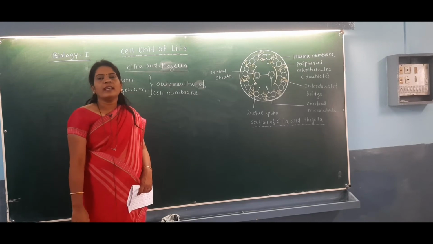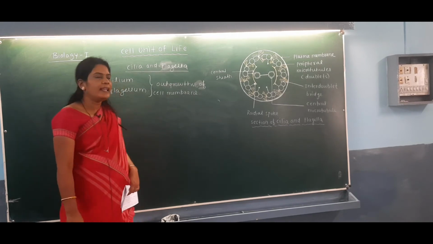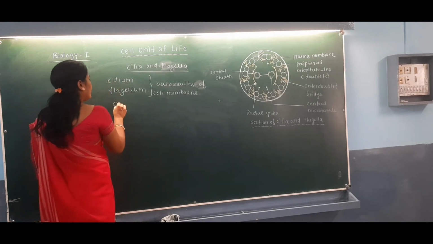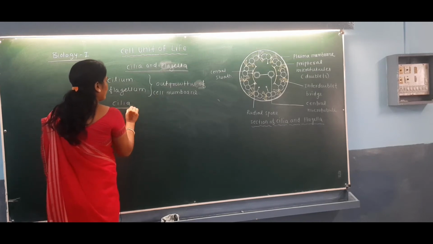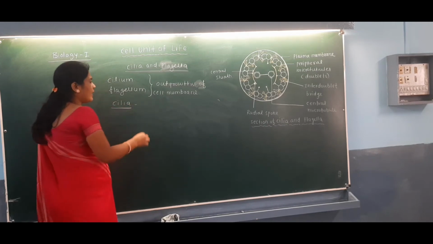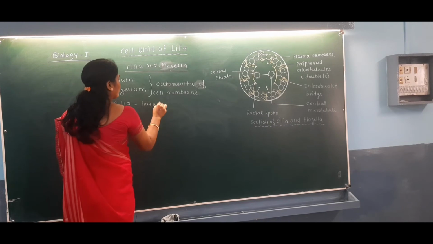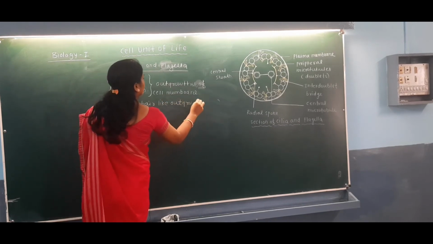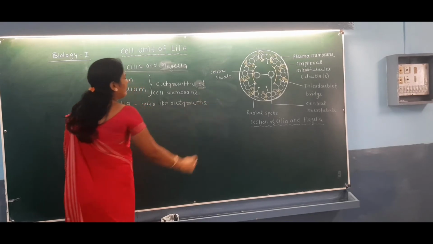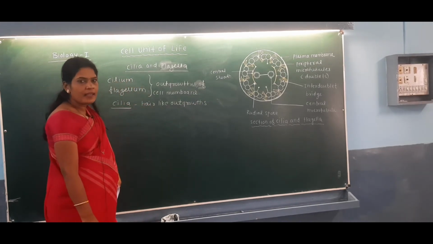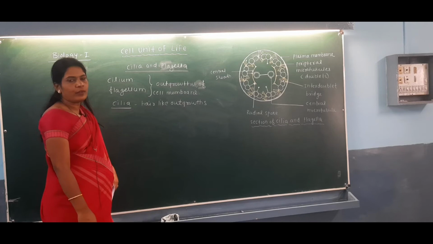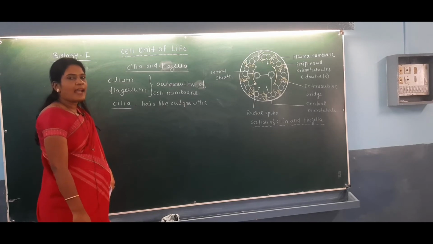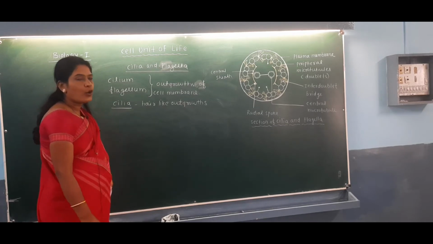Now if we see the structure of cilia, these cilia are hair-like outgrowths, and they work like oars.